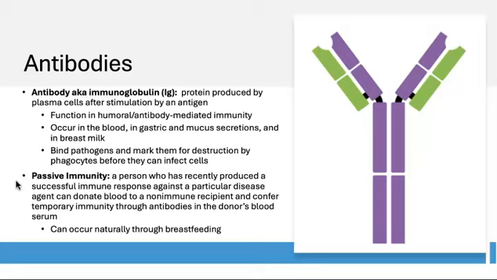And this can also take place naturally through breastfeeding. Soon we're going to talk about a specific antibody known as IgA that is found within our secretions and in breast milk. And so that really helps to protect the infant from pathogens.